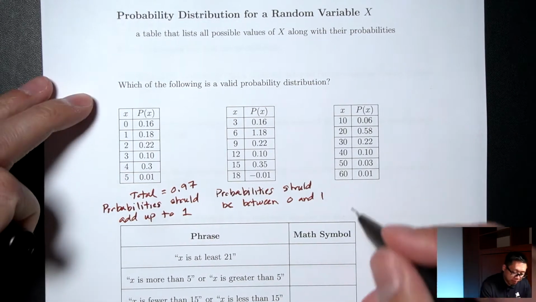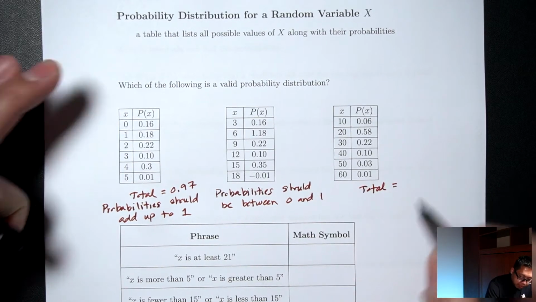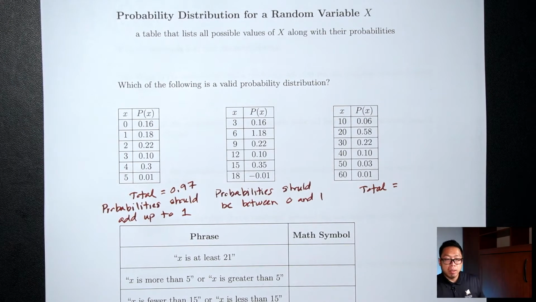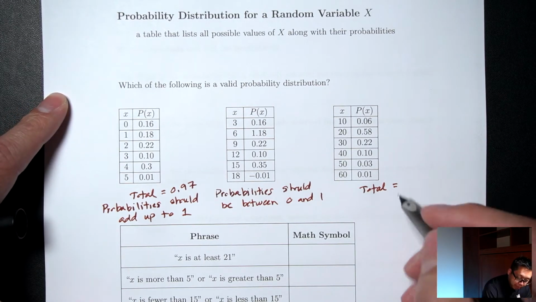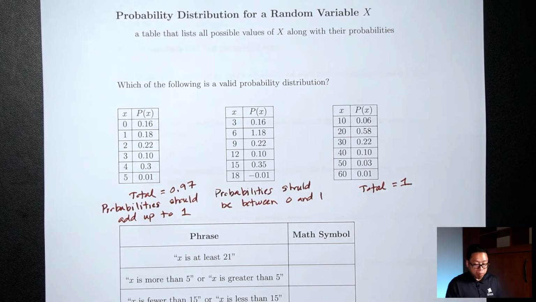Let's check the total. 0.06 plus 0.58 plus 0.22 plus 0.10 plus 0.03 plus 0.01. Good, I do get 1. So out of these 3 tables, the last one is the only one that is a valid probability distribution.